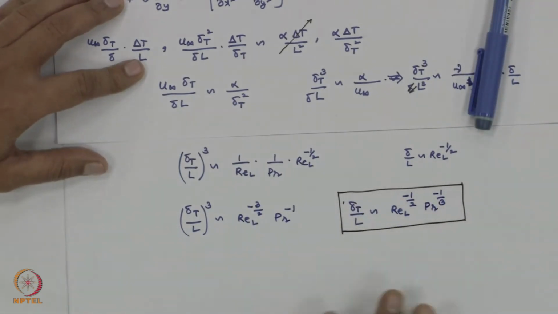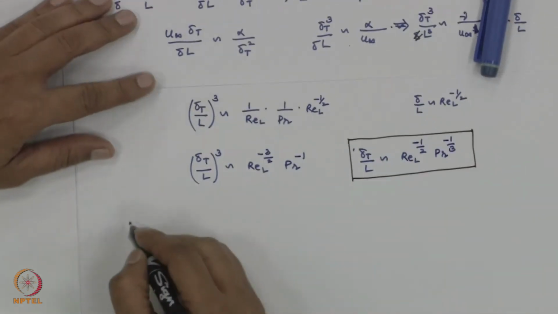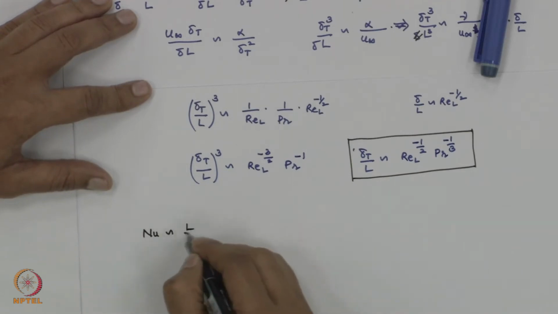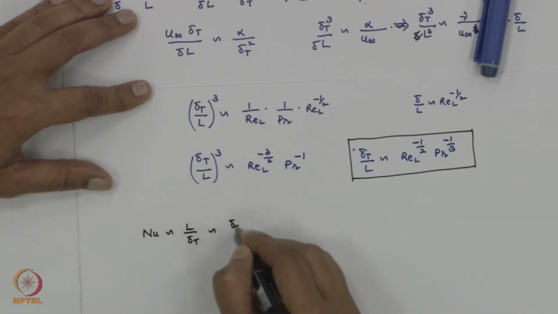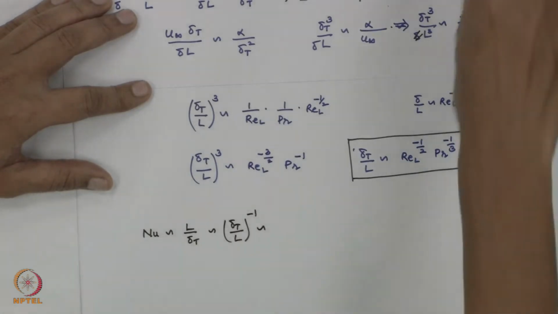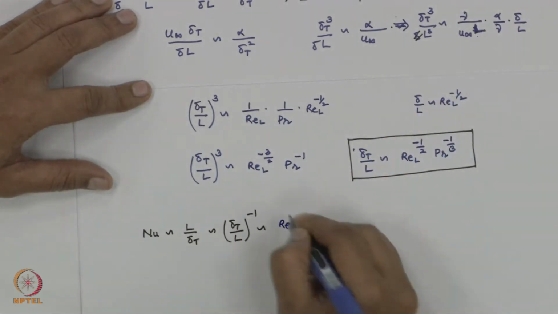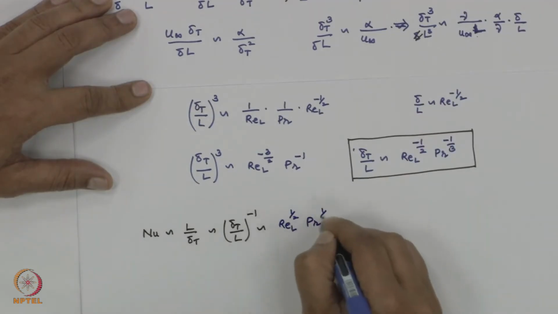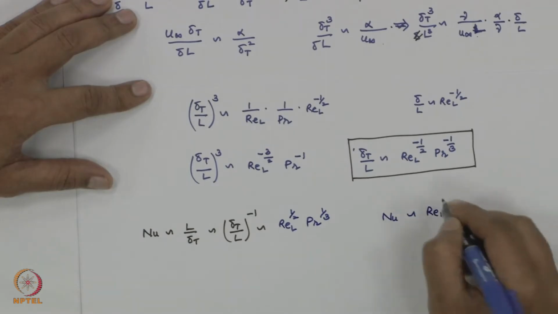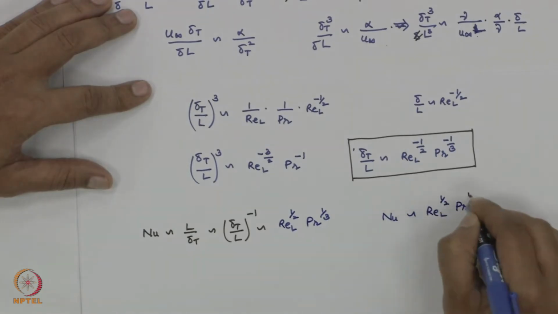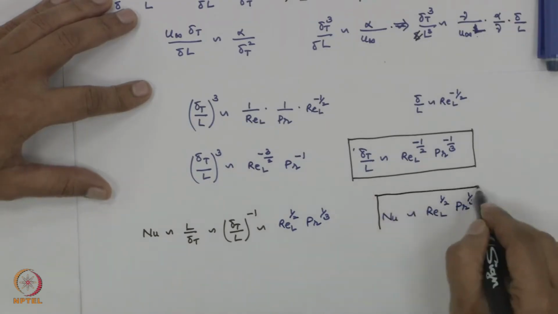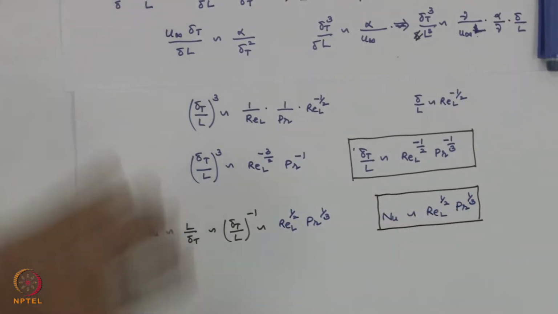In the previous derivation we had shown Nu is of the order of L by delta T, that is delta T by L to the power of minus 1, so it is of the order of REL to the power of half PR to the power of 1 by 3. So this is what we get for Nusselt number.